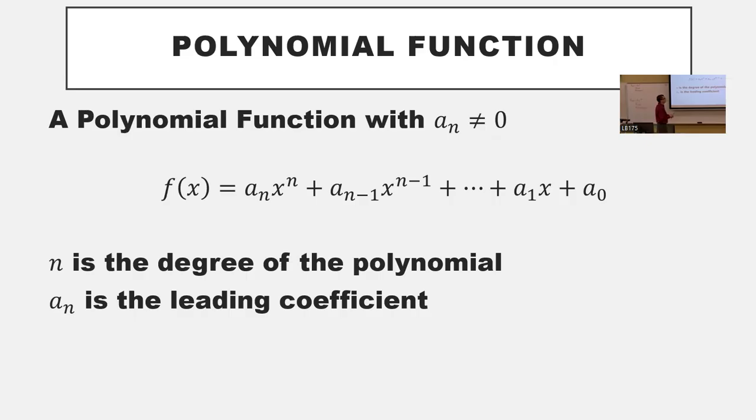So the highest exponent on x is going to be the degree of the polynomial. And we call the leading coefficient a sub n. So that's the lead coefficient. So if I use those terms, the degree of the polynomial and the lead coefficient, you'll know what I'm talking about.